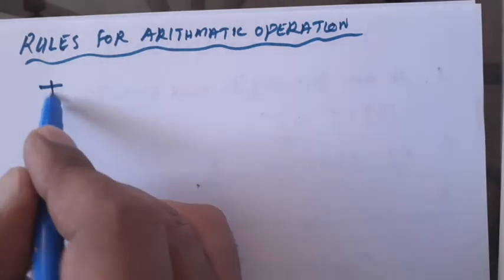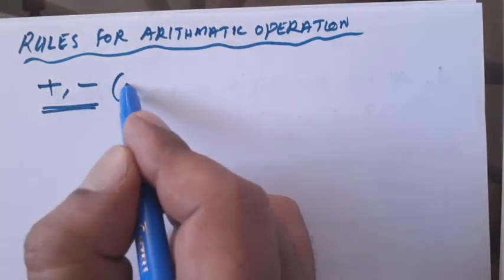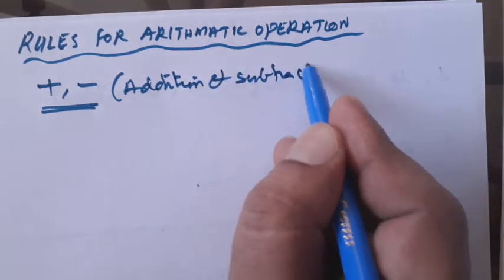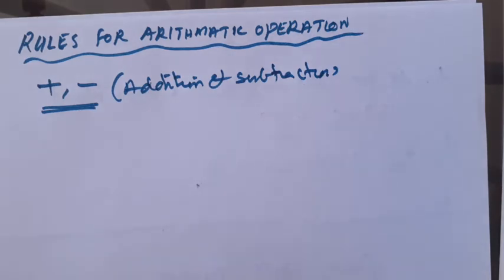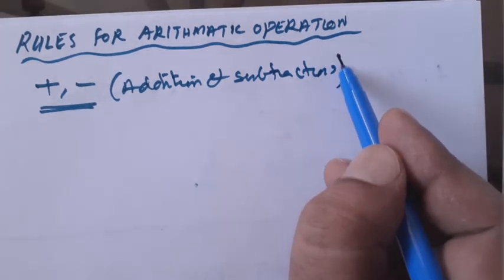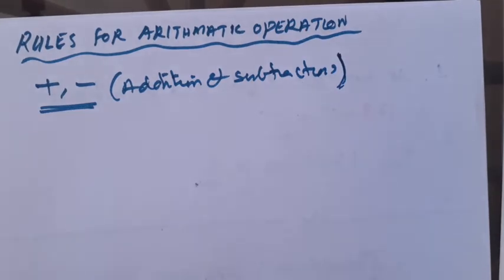In addition and subtraction, the final result should retain as many decimal places as are there in the number with the least decimal places. That means the final result should have the minimum decimal places among the components of the addition or subtraction.